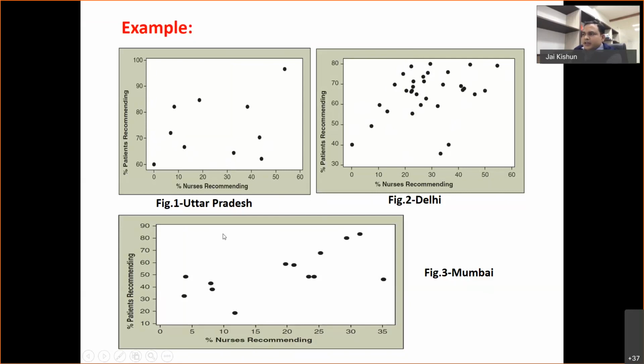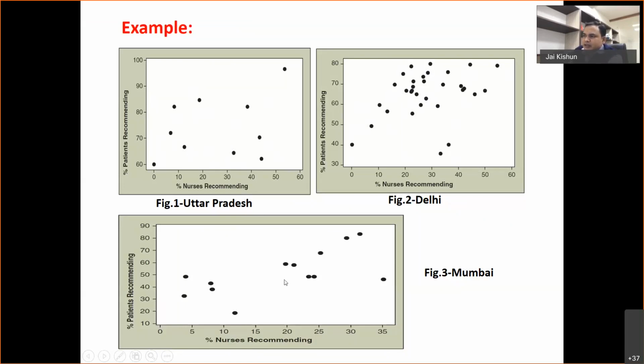When you draw a line here, you will find that the scatteredness of these points is more. But in the other figure, when you draw a line, you will find that most of these points are coming around the line. Similarly, in the third figure, most of the points are coming around the line.